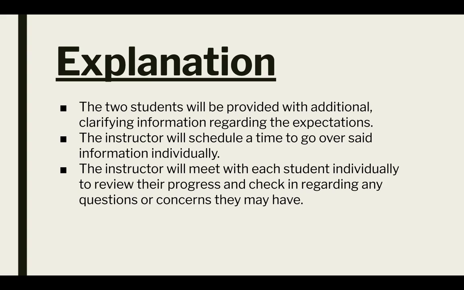The instructor, or myself, will schedule a time to go over said information individually with each of those 2 students. And the instructor will review their progress and check in regarding any questions or concerns they may have to make sure that they're implementing the Google Apps for Education properly onto their Google Classroom page.